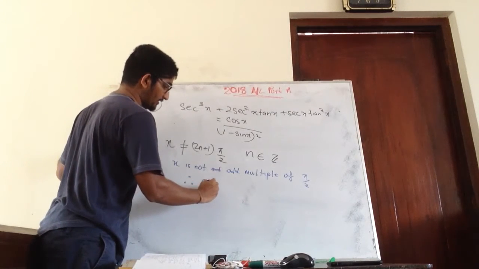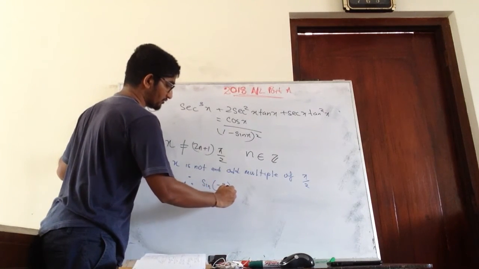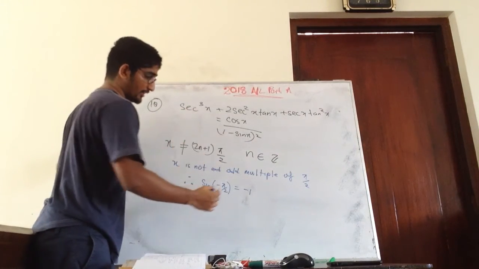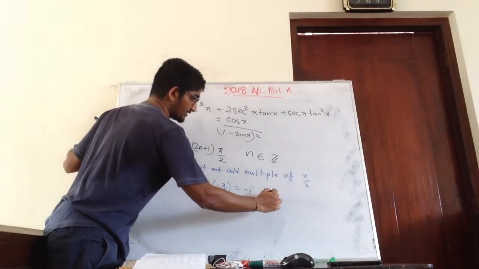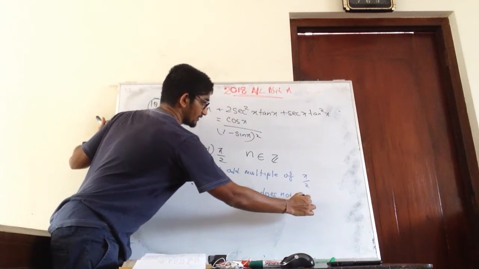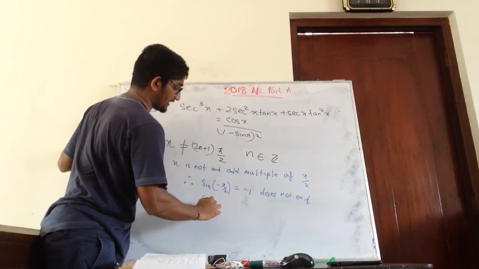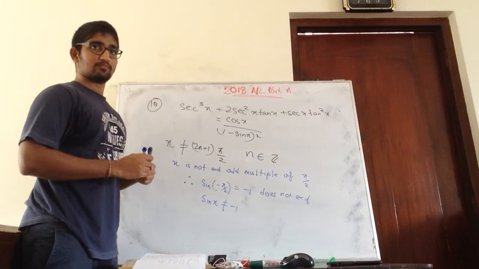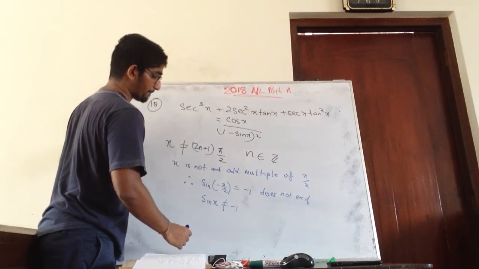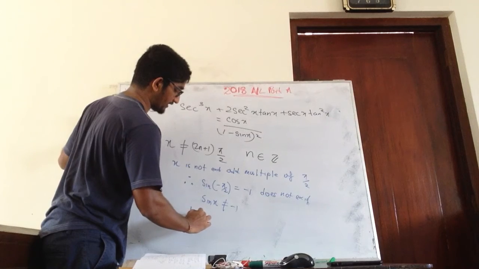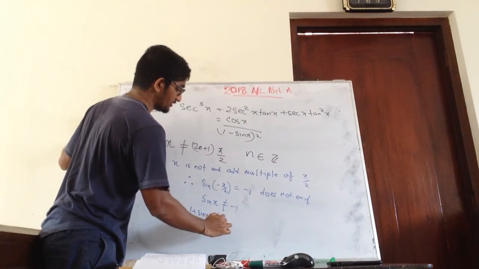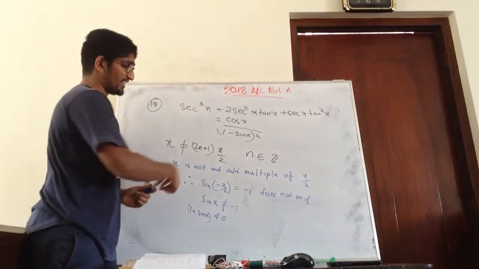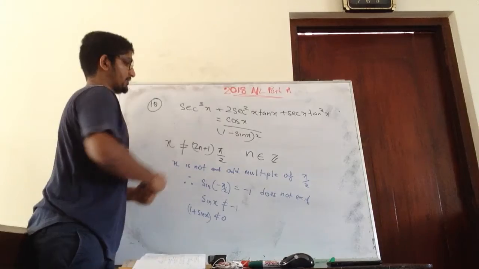That means sin of minus pi over 2, which is equal to minus 1, does not exist. So we can say sin x will not become minus 1, right? That means 1 plus sin x is not 0 in this particular sum. So we will need this later in the sum.